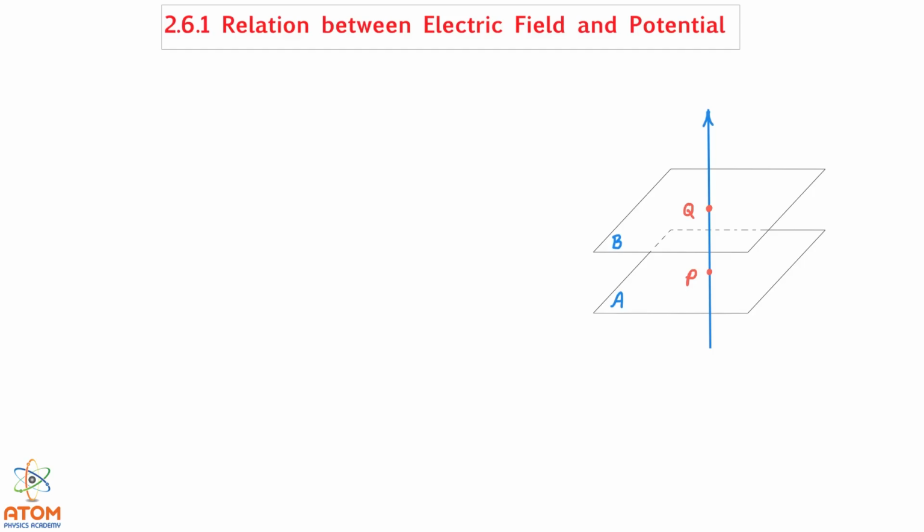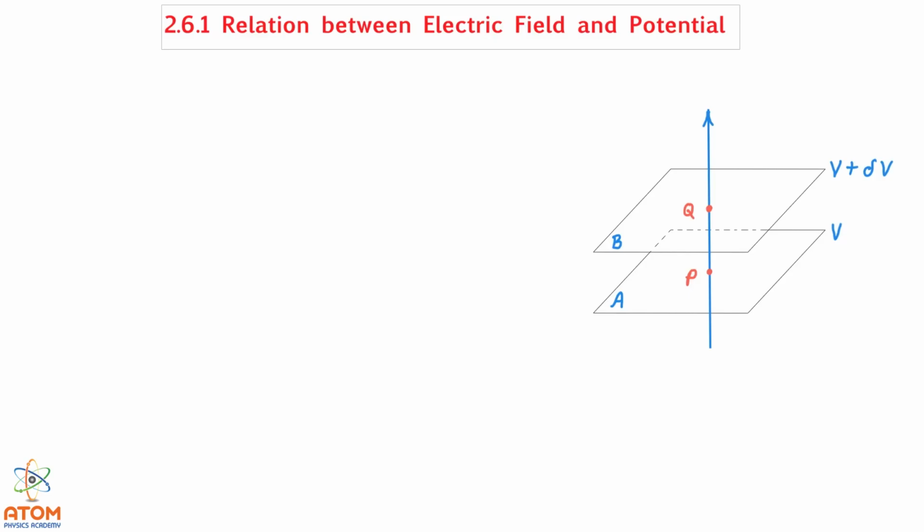Suppose on the first surface the potential is, let us say, V, and here on the second surface let us say the potential is V plus del V, or also we can write delta V, but right now we will put del V. We don't know whether this del V is positive or negative.